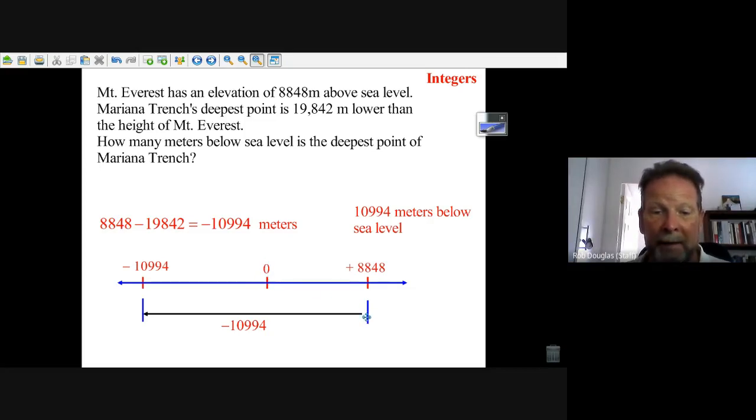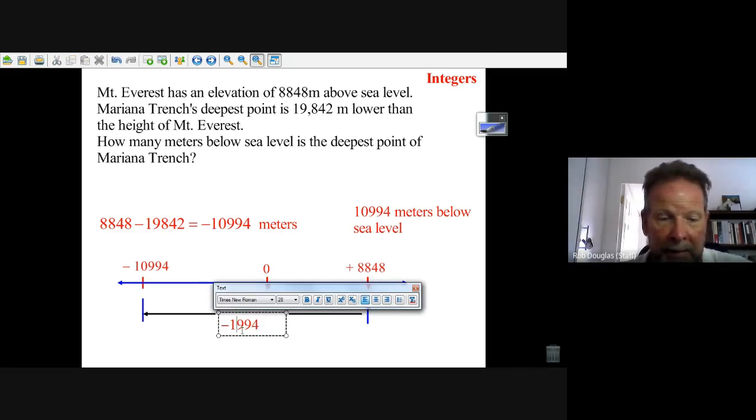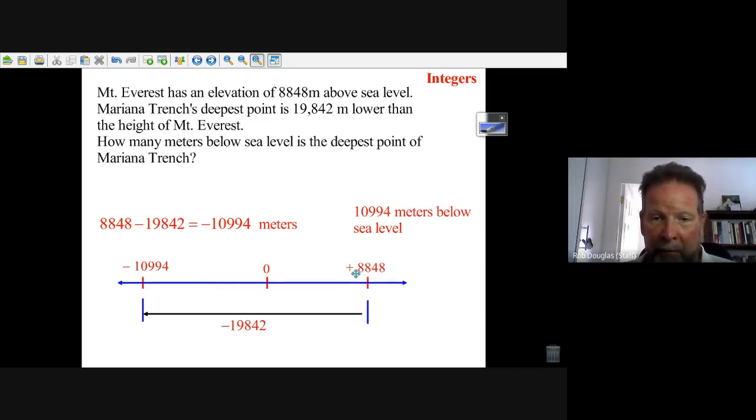Well, if we subtract 19,842 from the 8,848, we get how far it is below sea level, minus 10,994.